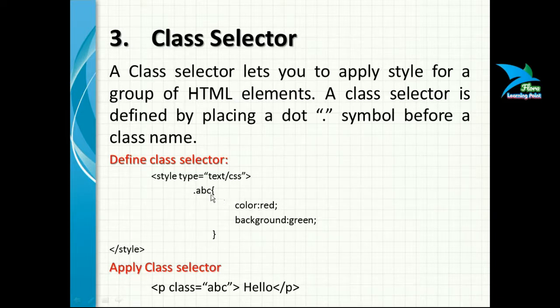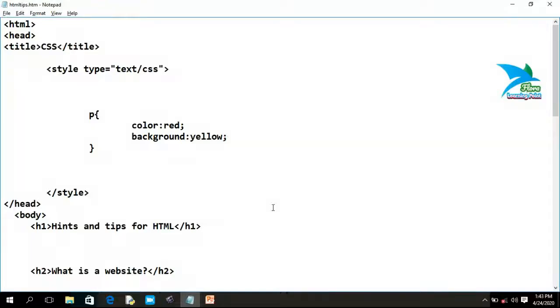Only this part you have to change. The name of the selector will be a user defined name preceded with a dot symbol, that is known as a class selector. So let's start how to create a class selector.